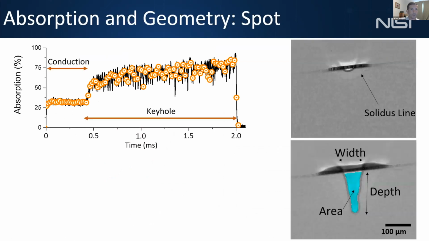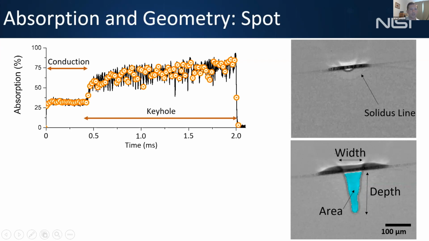So this is useful. We can go to these different regimes where we see effects in the absorption and pull out individual frames. In this early regime where the absorption is about 30%, we can grab one of these frames, which is up here on the top right, and see what we would refer to as a conduction mode situation.